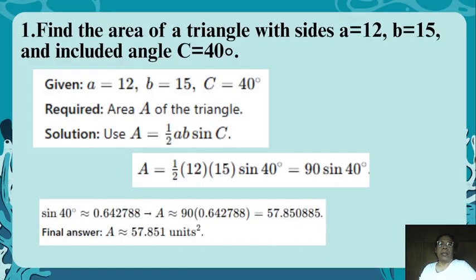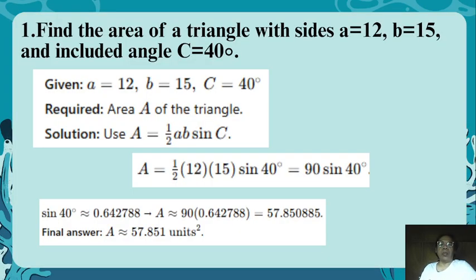Number 1, find the area of the triangle with sides a is equal to 12, b is equal to 15, and the included angle C equal to 40 degrees. So we're given side a 12, side b 15, angle C 40, and required is the area of the triangle.